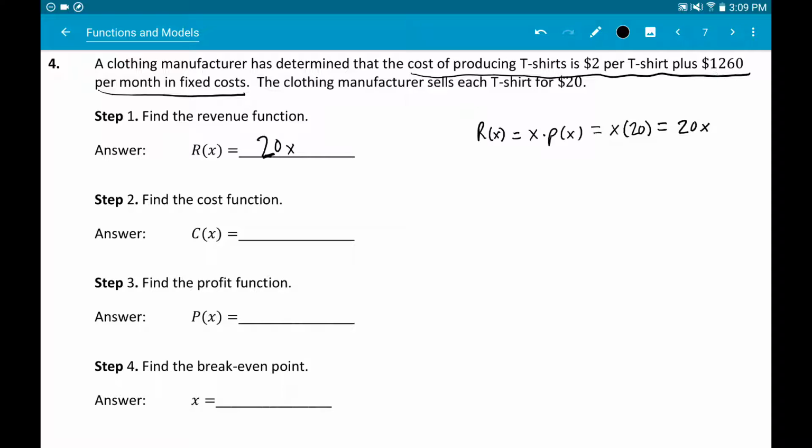The $1,260 per month in fixed cost, again, they're referring to it as a fixed cost here. A fixed cost is a cost prior to any sales. So it doesn't matter if you don't sell a single item, you've got to pay this $1,260 every month. Easiest example I could give you for that would be rent on your building or your mortgage payment.